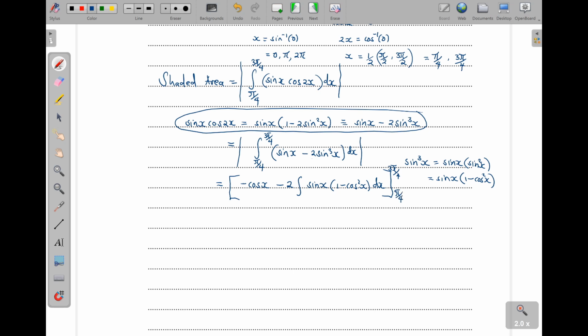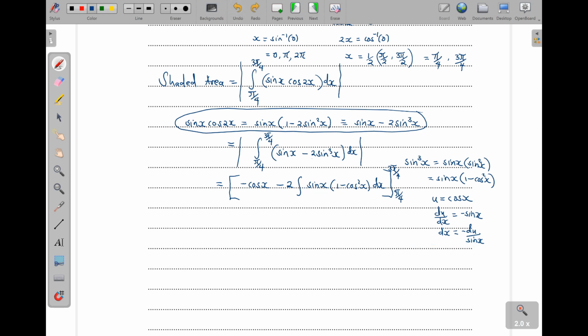Now this is integration by substitution, so I can let u be equal to the cosine of x. When I differentiate this with respect to x, we shall get negative sine of x. So dx is going to be equal to negative du over the sine of x. When I put this here, this sine is going to cancel with this one here.